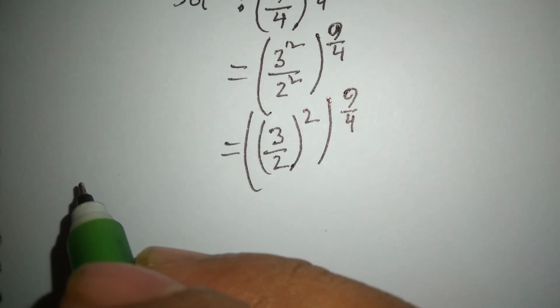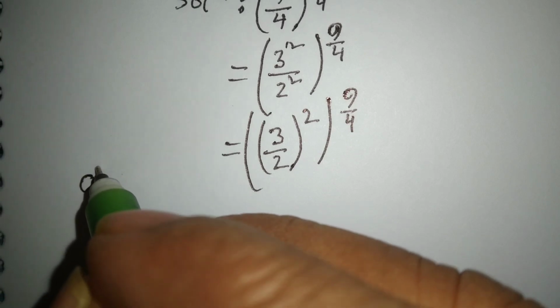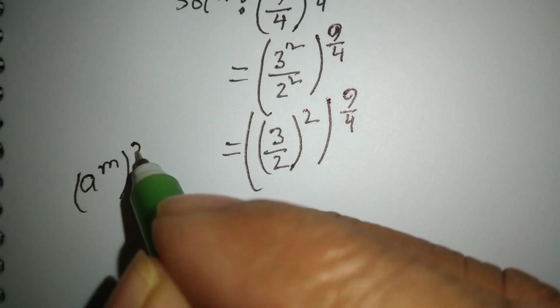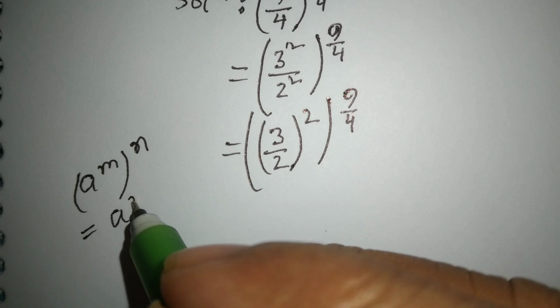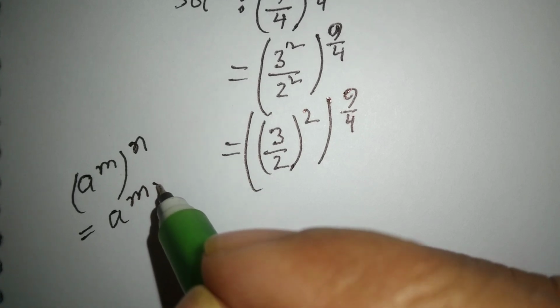We know a math property: (a^m)^n is equal to a^(m times n).